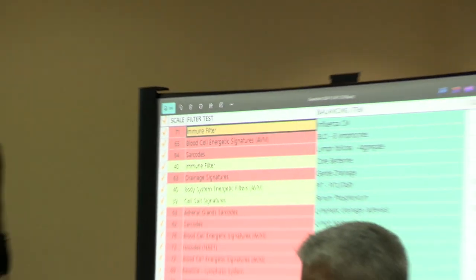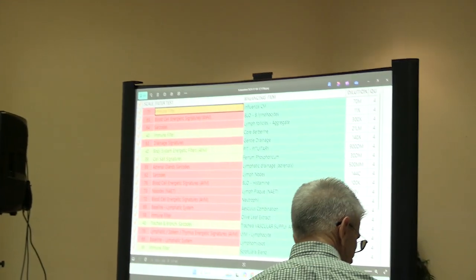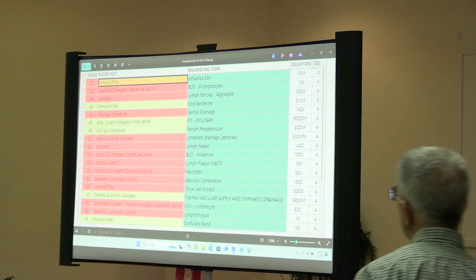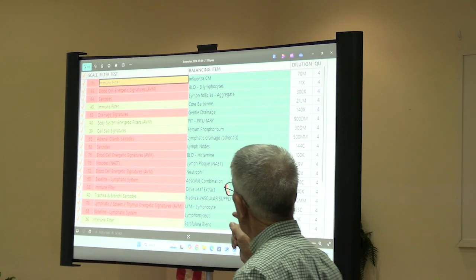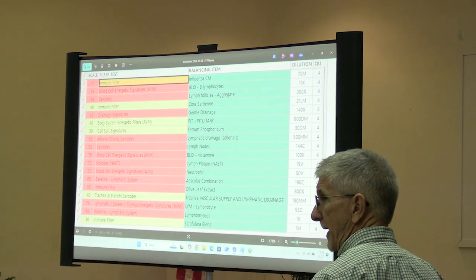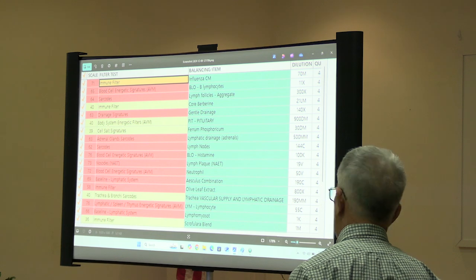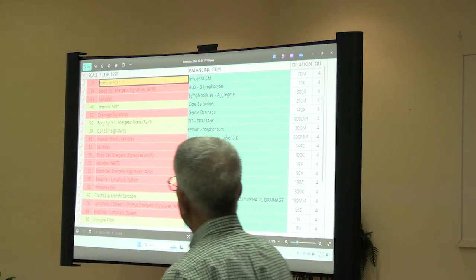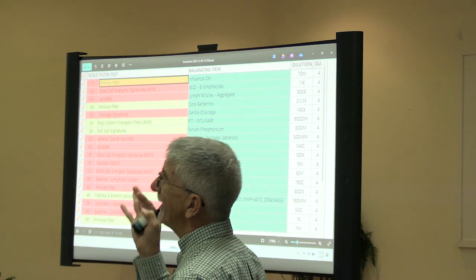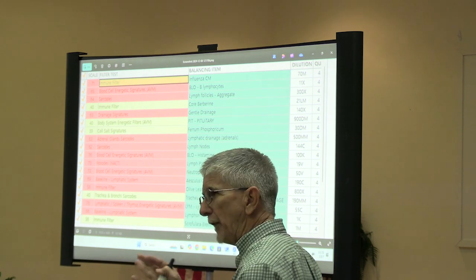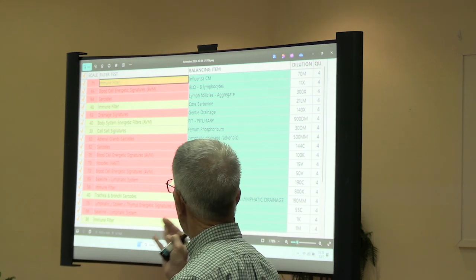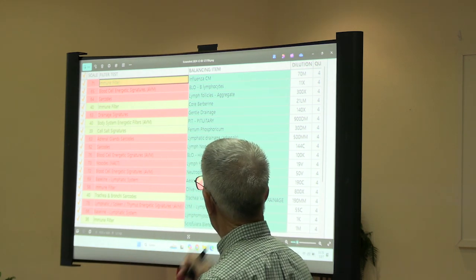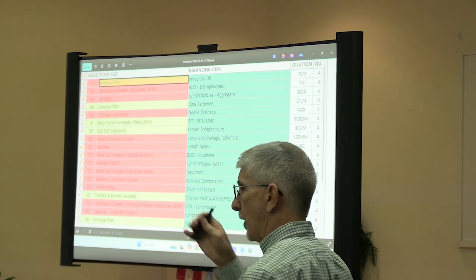What I mean by energetically is, when we get done with these scans, the other thing I like about this machine is that it will produce a homeopathic remedy. It's not technically a homeopathic remedy, but I'm going to use that term because I think people will understand it a little better.